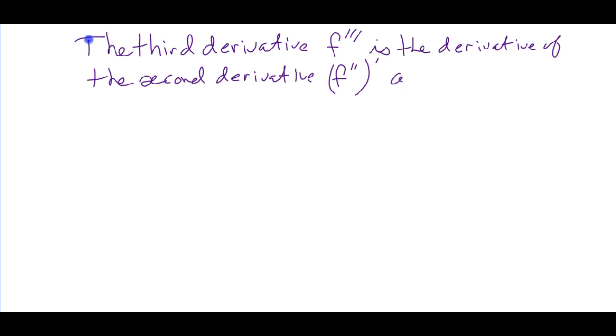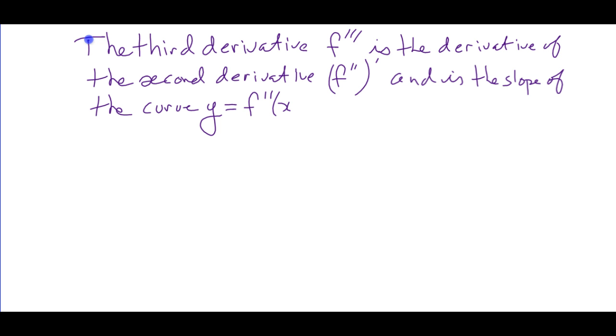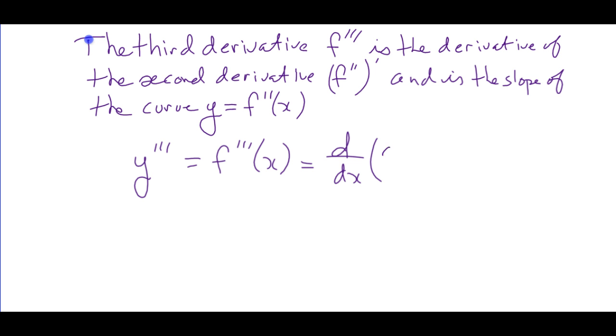It's the rate of change of that. It can be denoted y triple prime, f triple prime of x, the rate of change of the second derivative. Okay, so it could be denoted like that.